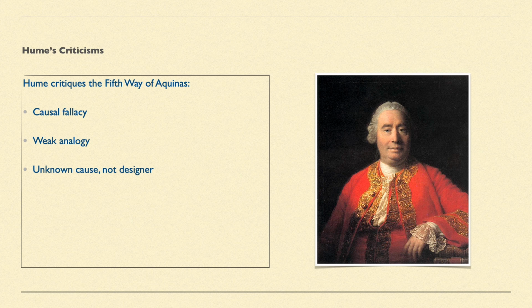A third argument by Hume is that the cause is unknown, and it's not as straightforward as making the claim erroneously that there is a designer. He says there isn't a designer. It's an unknown cause. We can't make this claim.